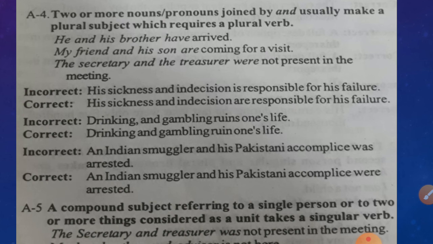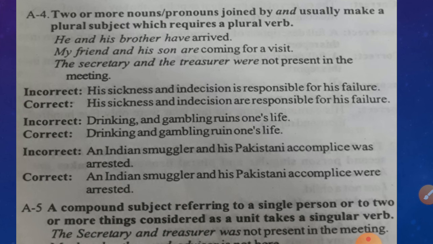The secretary and the trader were not present in the meeting. Again, here we mean that secretary and the trader are two different persons, and they both were not present in the meeting.